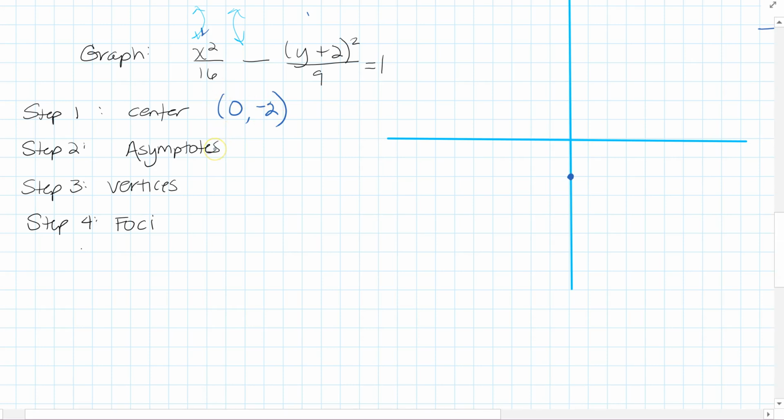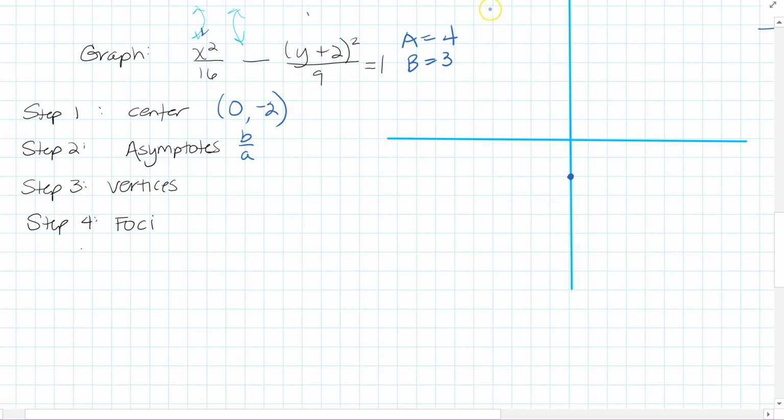So here's the deal: the asymptotes are always going to go through that center, and the slopes are always going to be opposites. And it's always going to be, for these, B over A. So B over A, well, let's see. A is equal to 4, and B is equal to 3.